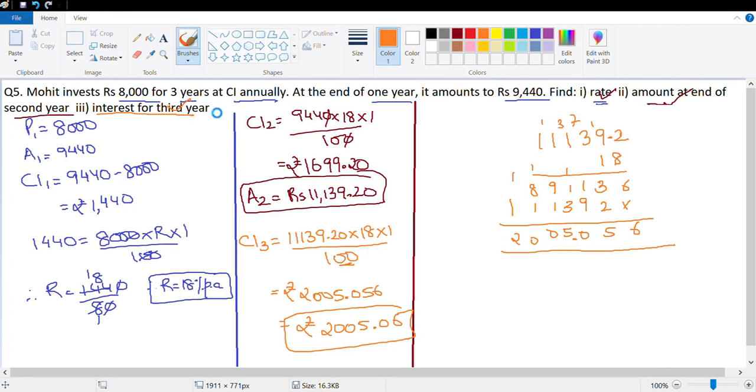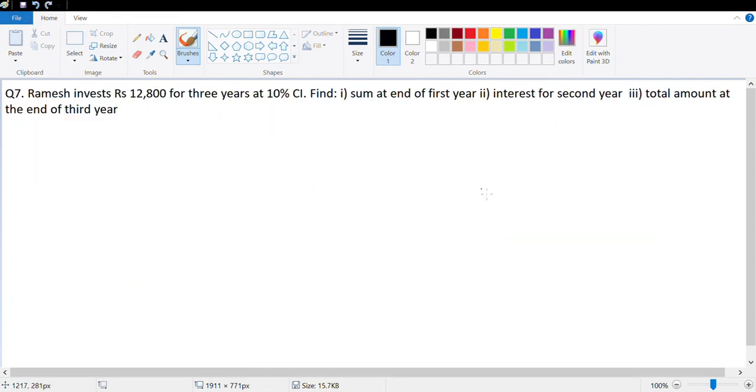The next homework question was question number 7. It says Ramesh invests 12,800 for 3 years at compound interest of 10%. Sum at the end of first year.